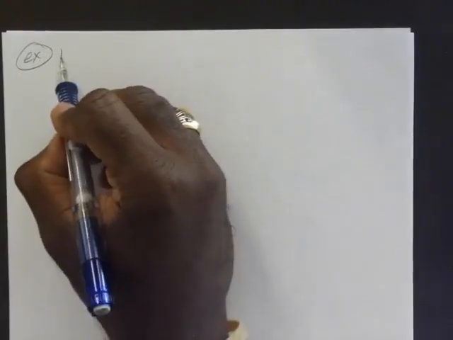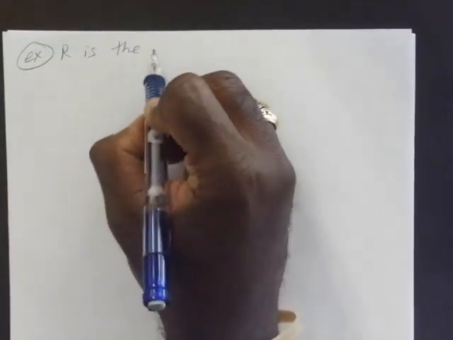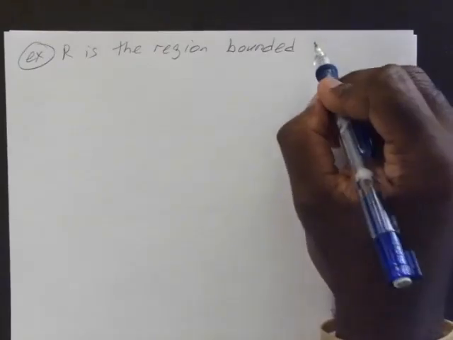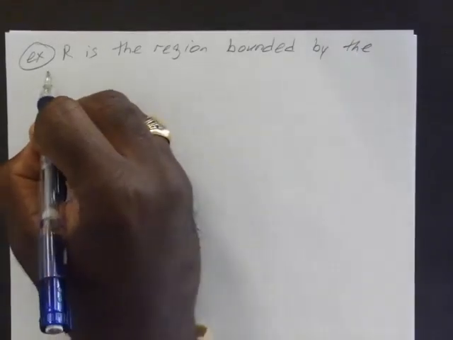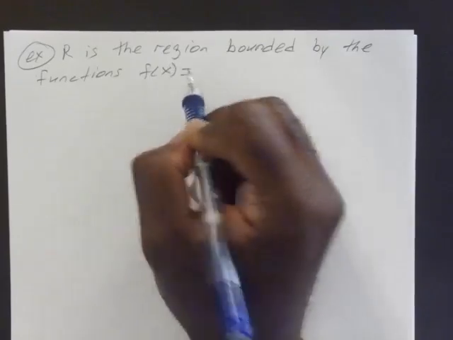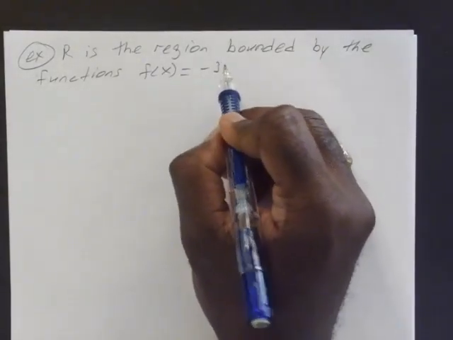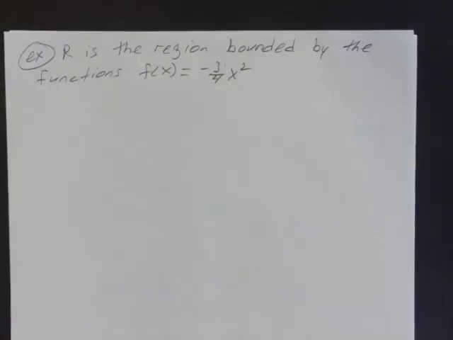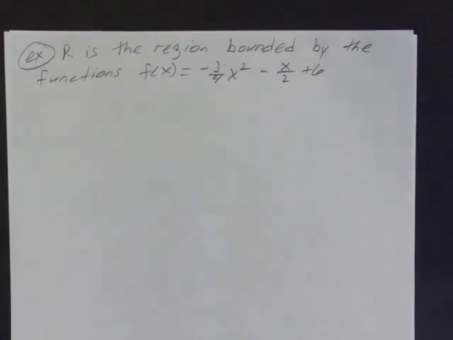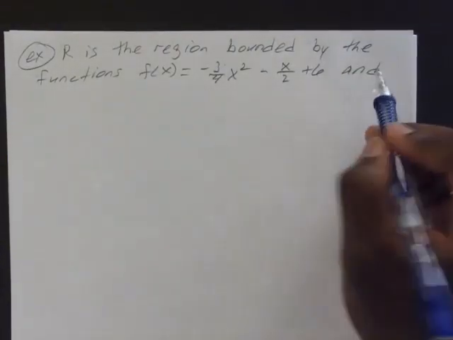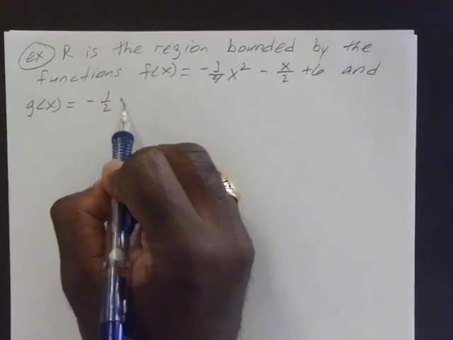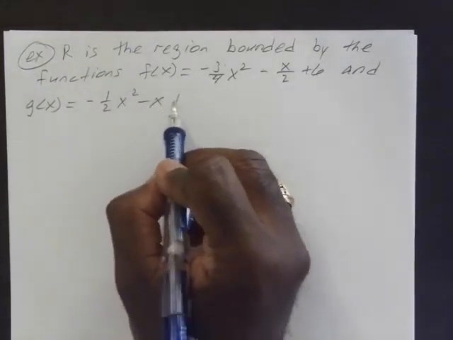Okay, so let's say we know that R is the region bounded by the functions f of x equals negative 3/4 x squared minus 1/2 x plus 6, and the function g of x is equal to negative 1/2 x squared minus x plus 4.